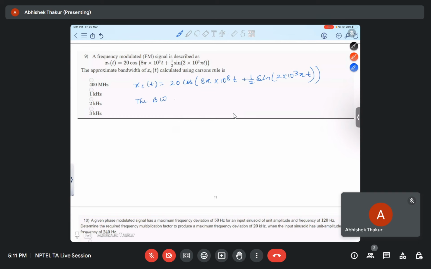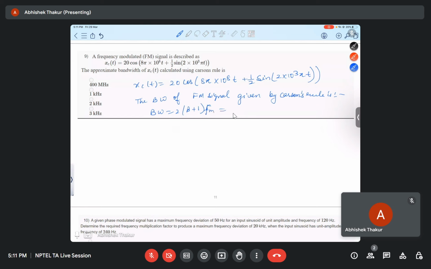So the bandwidth of an FM signal given by Carson's rule is 2 into (beta plus 1) into fm, where fm is the frequency of the message signal.